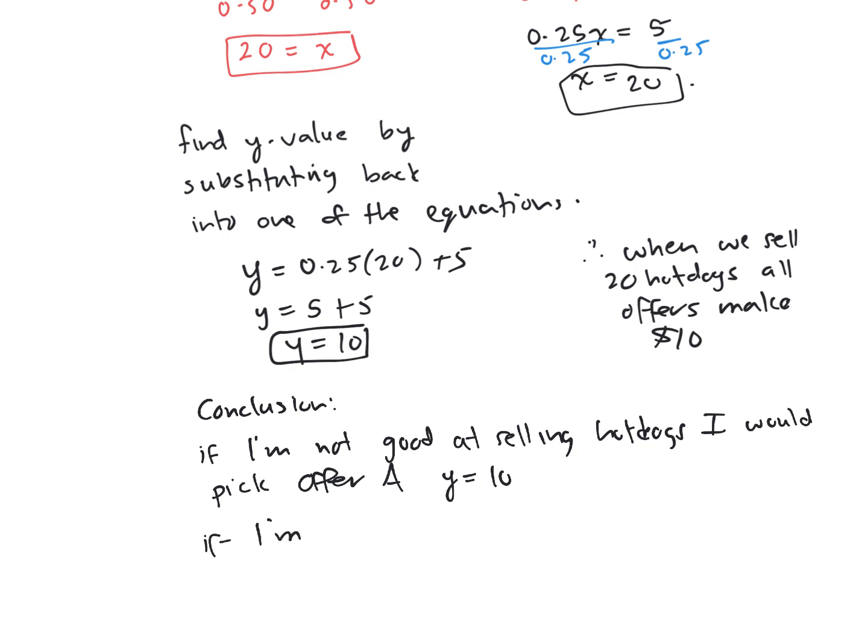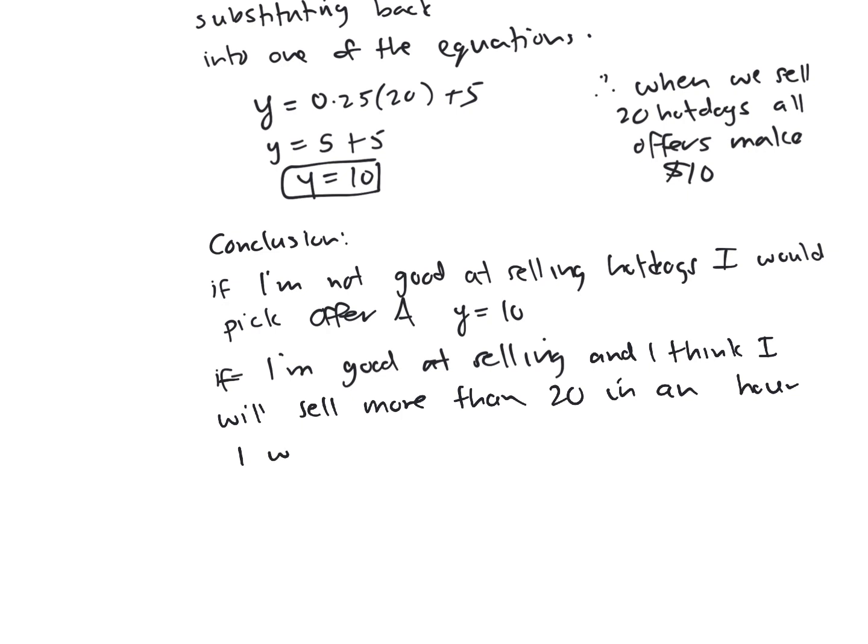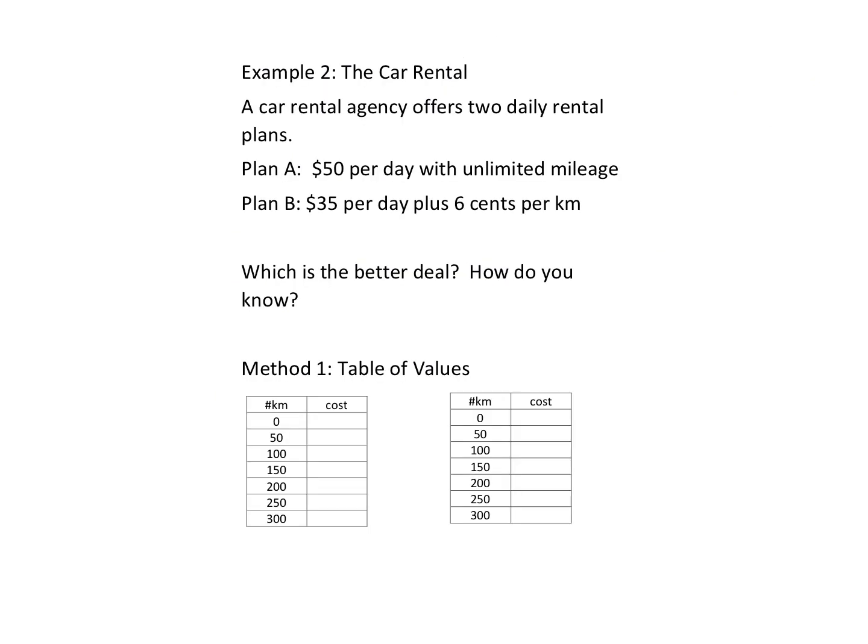If I'm good at selling hot dogs, and I think I'll sell more than 20 in an hour, I would probably pick offer B, because I'll make more money that way.